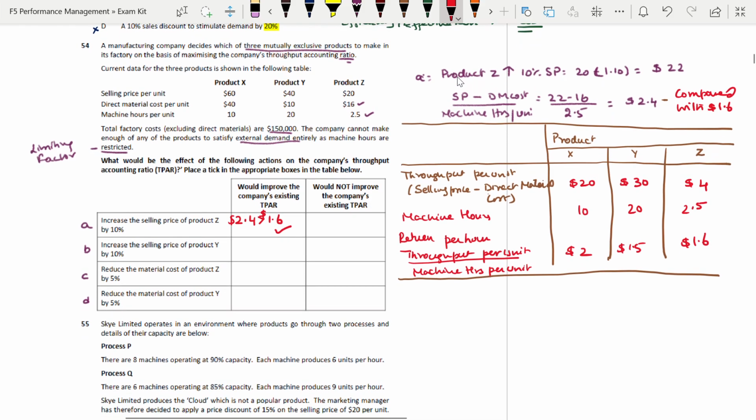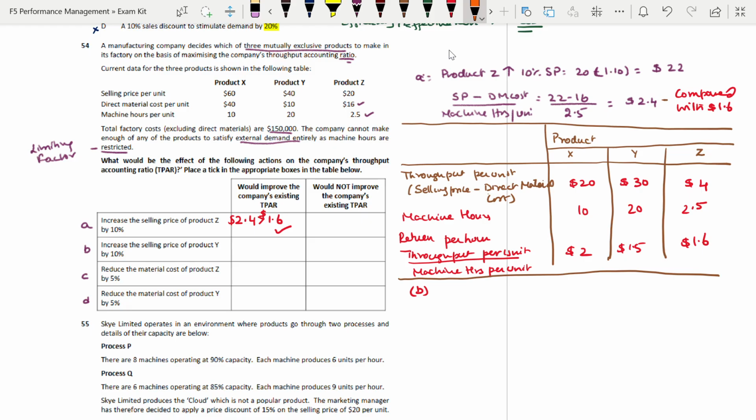Now it's easy. Point B: the selling price of product Y changes by 10%. We have to be very sure.